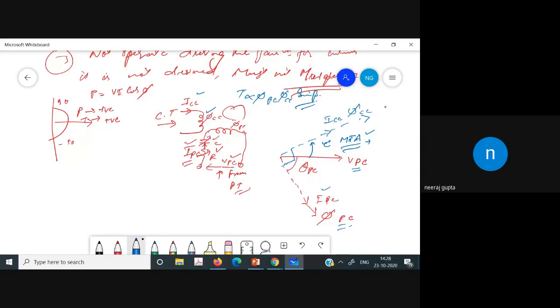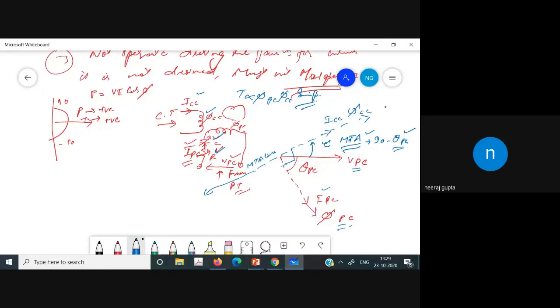So MTA equals 90 minus theta PC, and theta PC can be varied by varying these components. This is the maximum torque position, and this line is known as the maximum torque line because we have the maximum torque position in that.